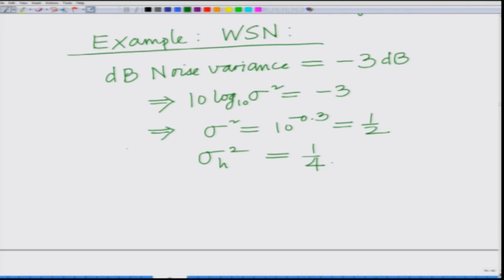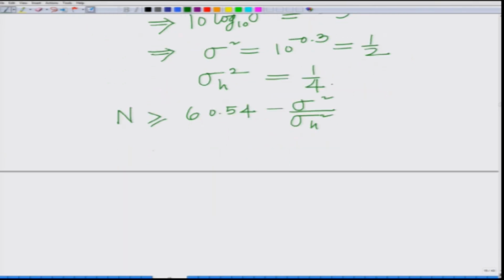Therefore, we derive that n is greater than or equal to 60.54 minus sigma square by sigma h square, as we derived above. That is 60.54 minus half divided by 1 by 4, which is 2.